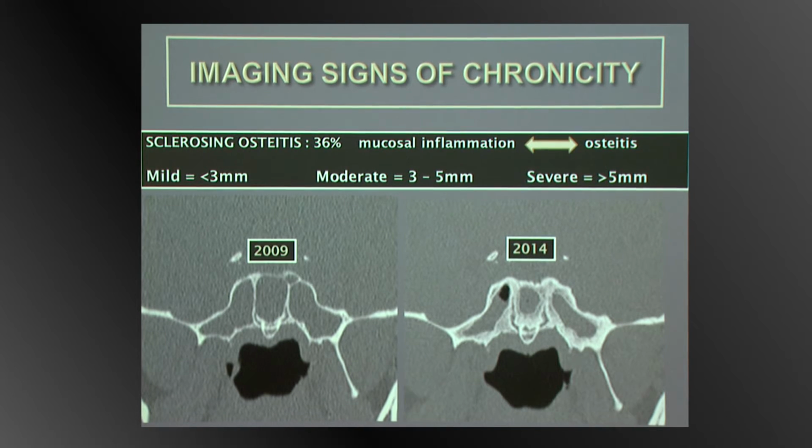The important thing is that it's not just a response to mucosal inflammation, it actually works in reverse to exacerbate the mucosal inflammation so that it becomes a vicious cycle. So if you see a sphenoid sinus which has been treated, it may well have sclerotic walls and at some stage has been diseased.